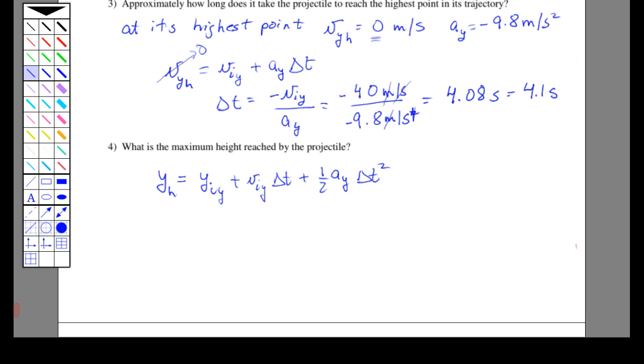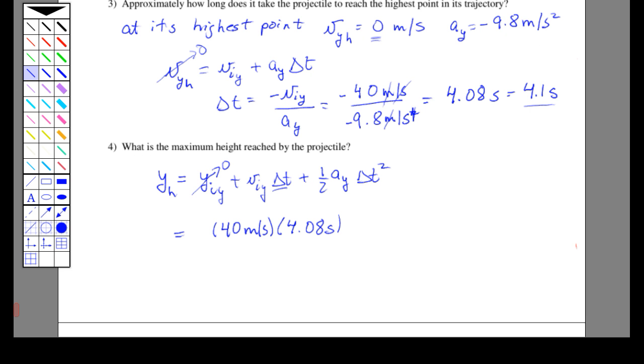Initially this gun started at the ground, and our initial velocity in the y direction was 40 meters per second, and our time we just calculated. I'm going to use 3 sig figs here because I want my answer to be as accurate as possible.